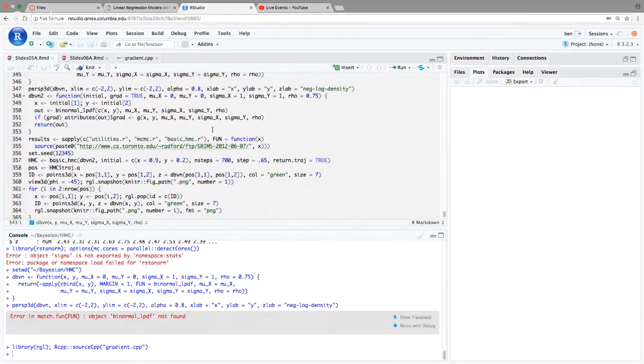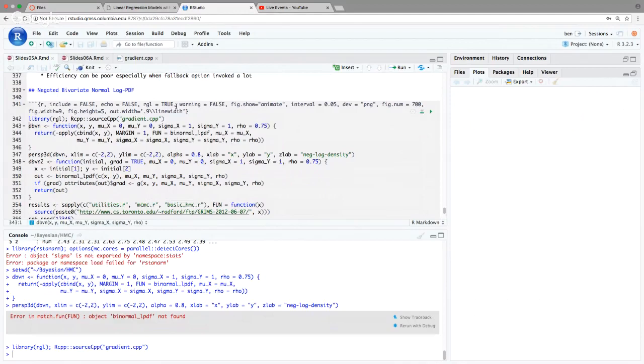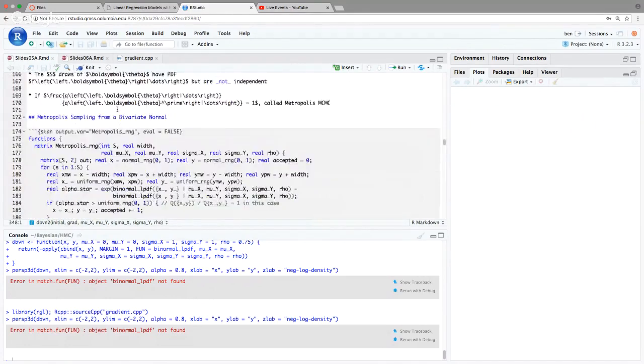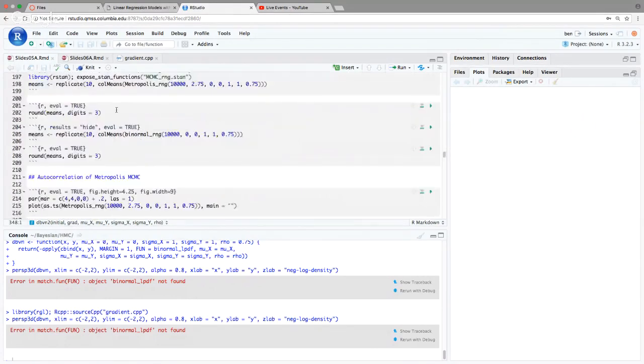Anyway, we define a function called, in this case, dBVN, which returns the negative of the logarithm of the bivariate normal PDF. I forgot to do the first part of this, which was my Stan function.